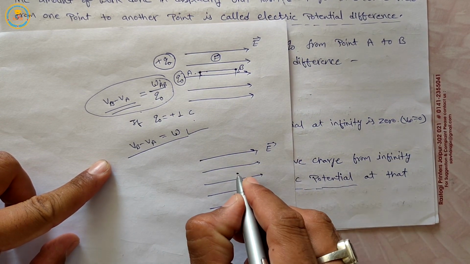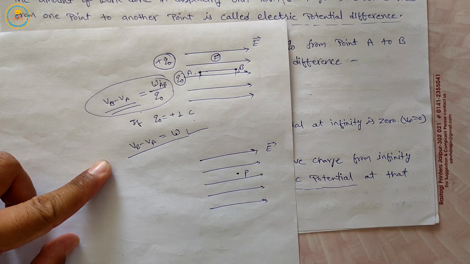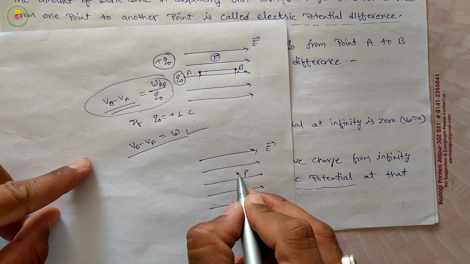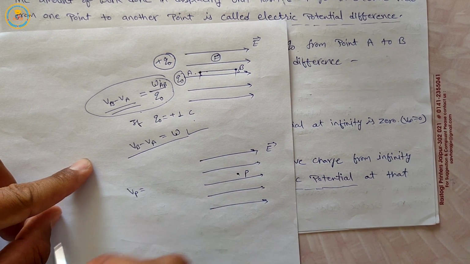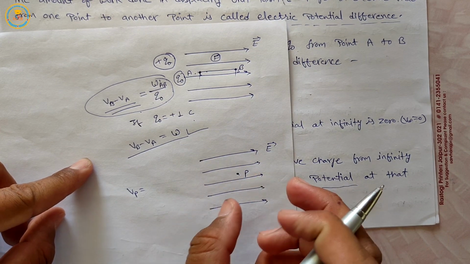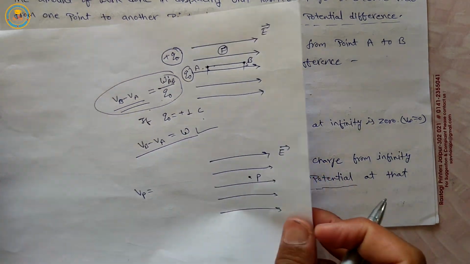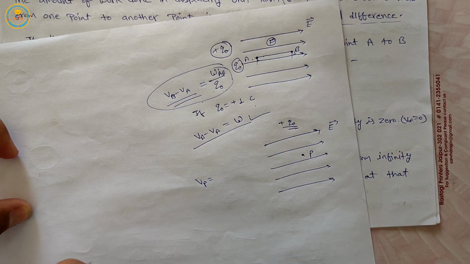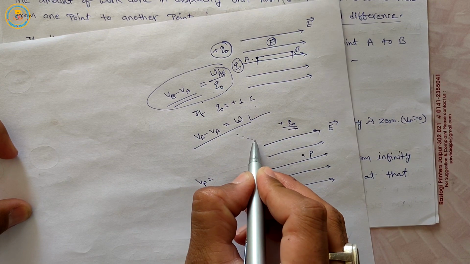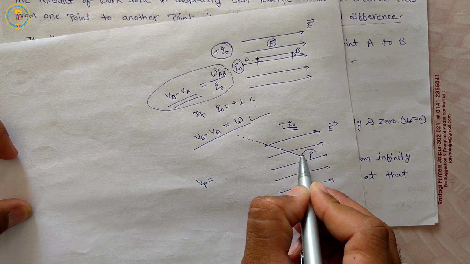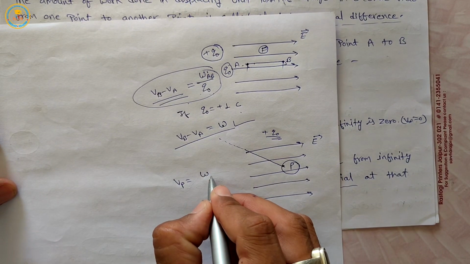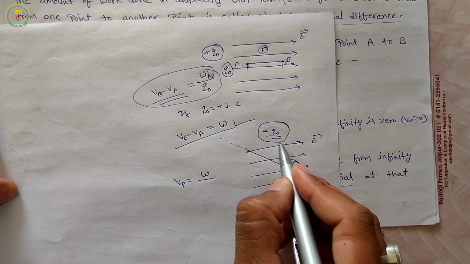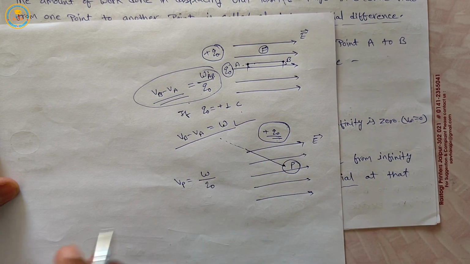Suppose a point P is placed in this electric field, then the electric potential at this point is equal to the amount of work done to bring a test charge plus Q naught from infinity to this point P, that is W, and this test charge Q naught.